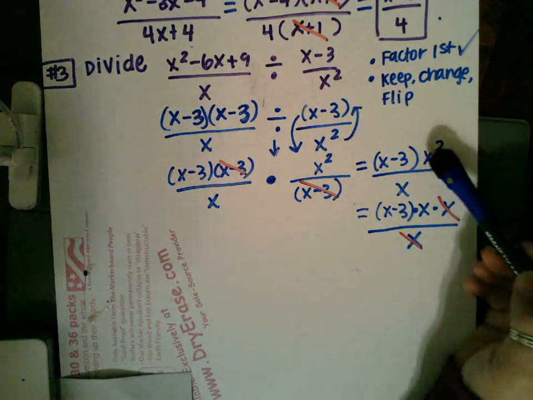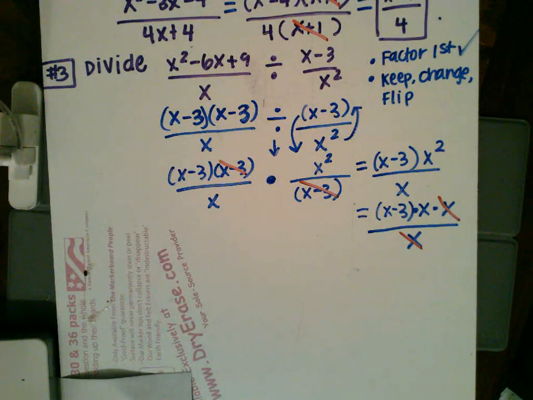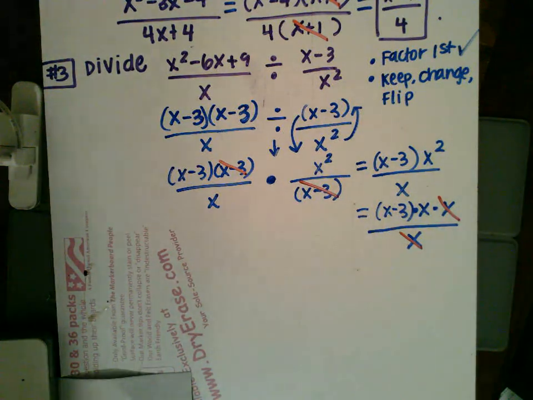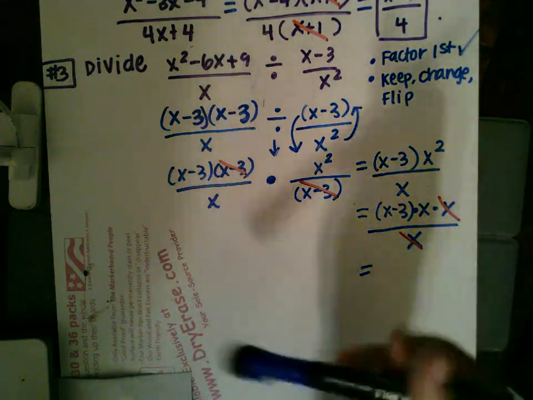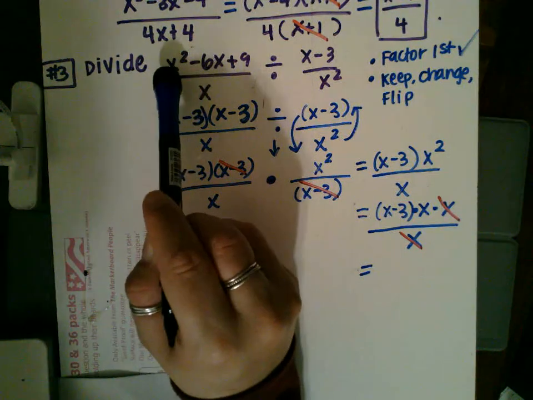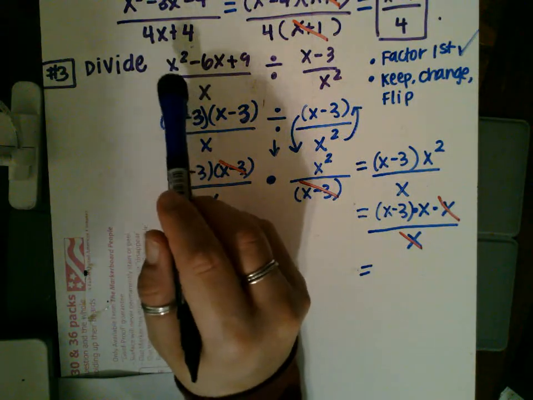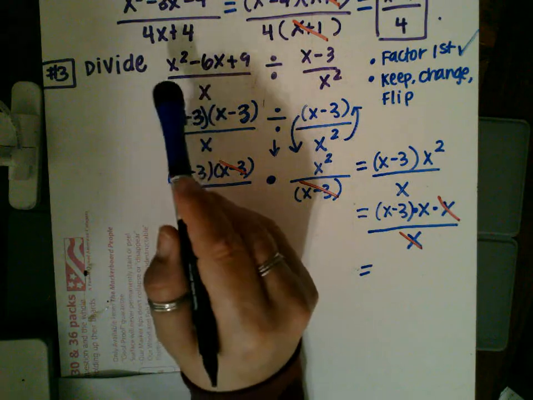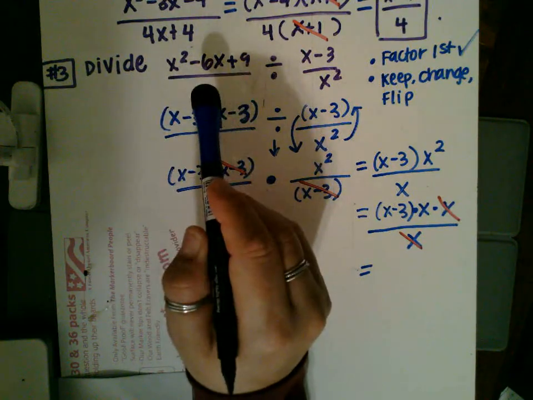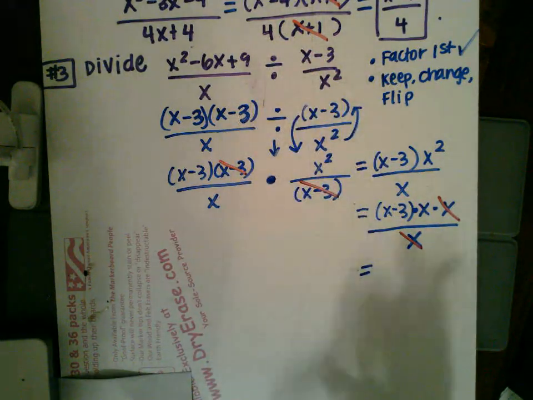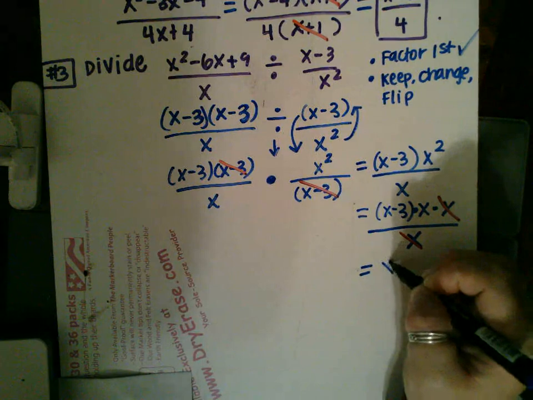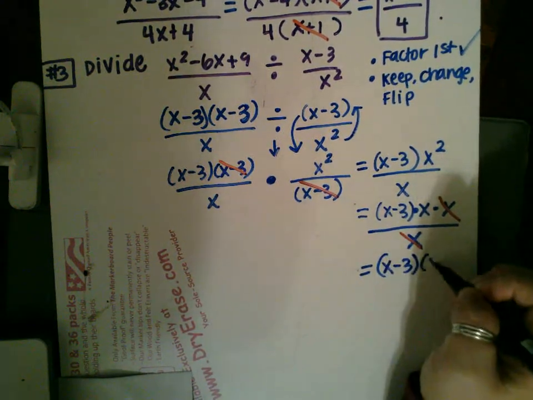So it was a little tricky here with this x squared. At first, I had no reason to suspect that I needed to break up the x squared. It wasn't until the very end that I realized I have another opportunity to simplify further. So my final answer for this rational expression division, I keep calling it polynomial division, it is rational expression division: x squared minus 6x plus 9 over x, divided by x minus 3 over x squared, is equal to x minus 3 times x.